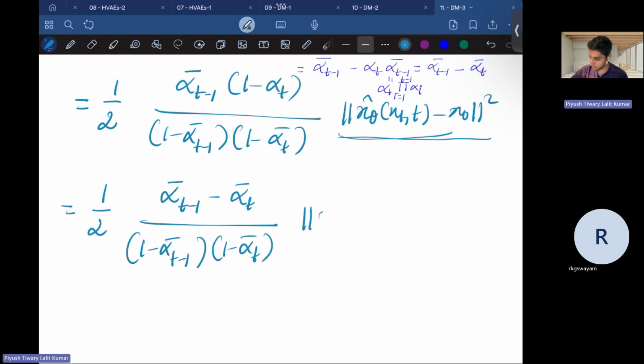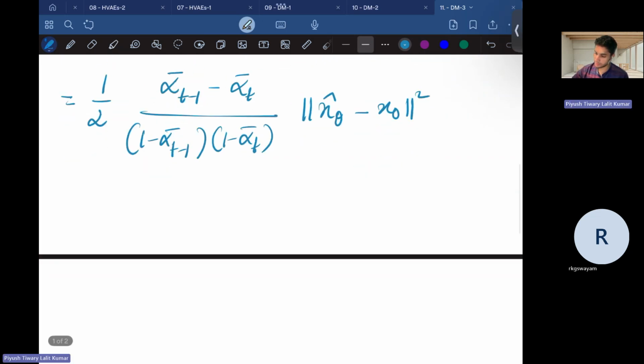For brevity, I will just write it as x theta hat, but there is always this argument x t comma t, minus x naught whole square. Now I'm going to do some modifications and simplifications, but I thought this is important, and it's a good exercise to do it.